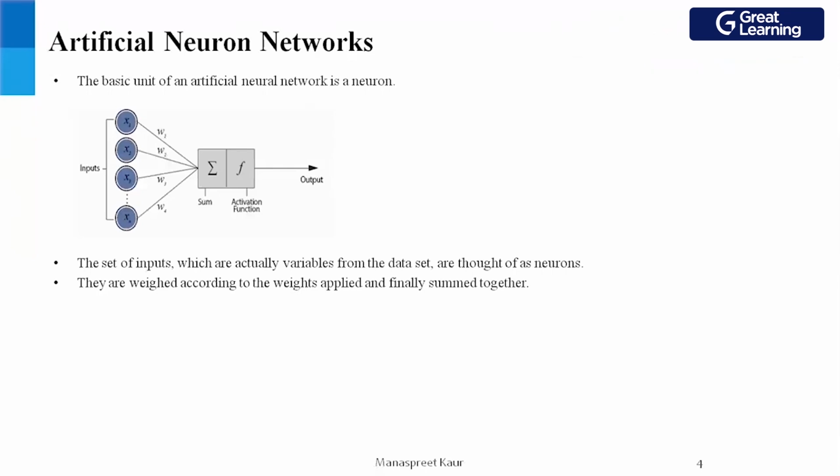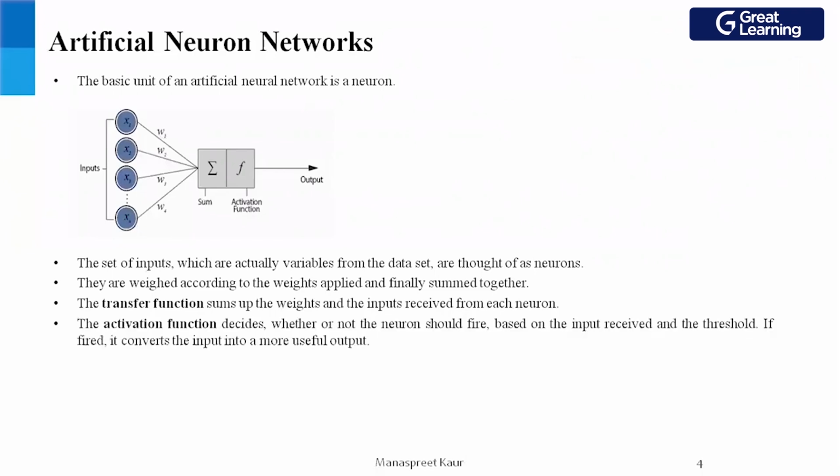Sum product means x1 into w1 plus x2 into w2 plus x3 into w3 and so on. The summation function, or sigma function, here can also be called a transfer function. This actually performs the sum product, so it will sum up the weights and the input that it receives from each of the neurons.